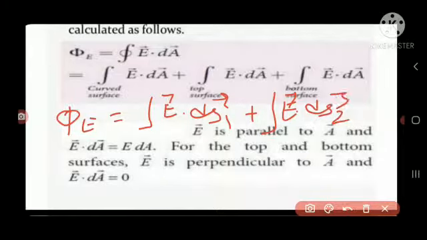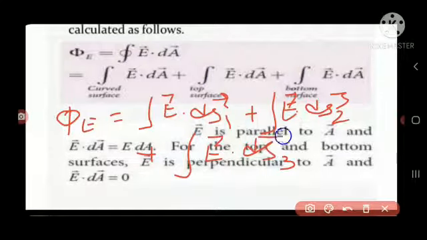So phi E can be written as the integral of E dot ds1 plus the integral of E dot ds2 plus the integral of E dot ds3. If you add these three, we will get the total flux.